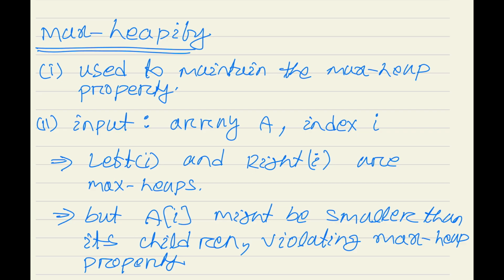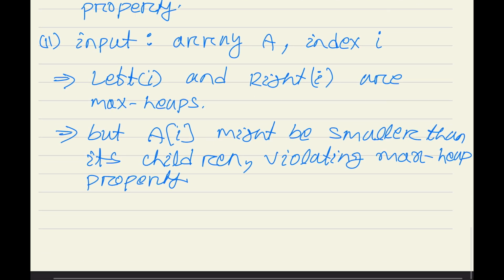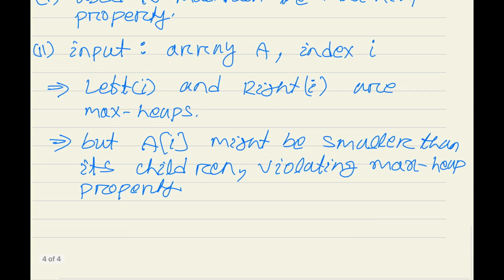So this is the assumption and input. Using this Max-Heapify algorithm, we put the element A of I in its correct position so that the max heap property is satisfied.